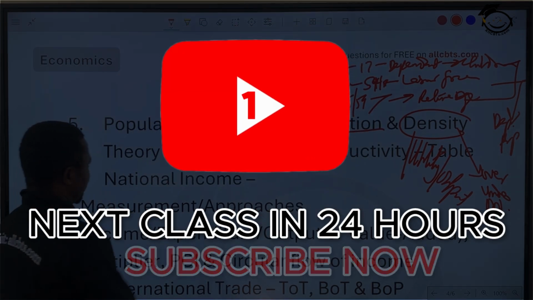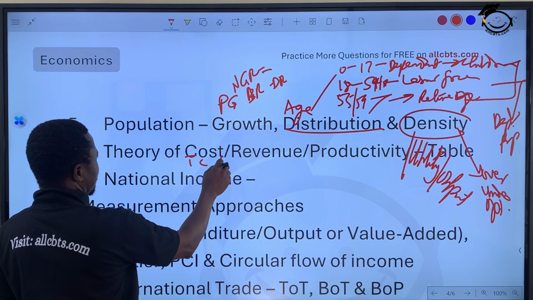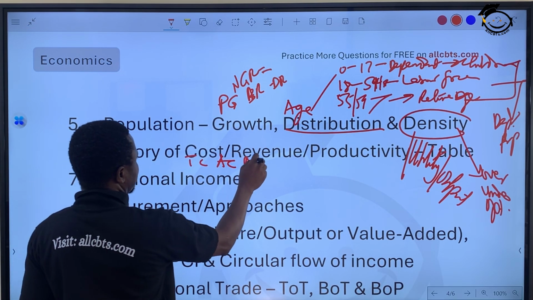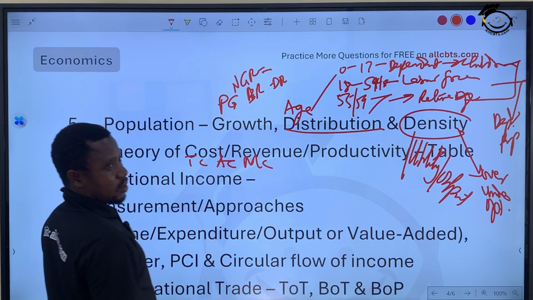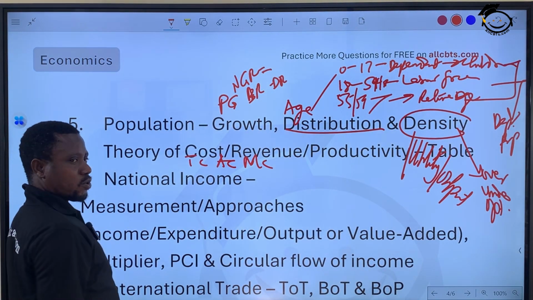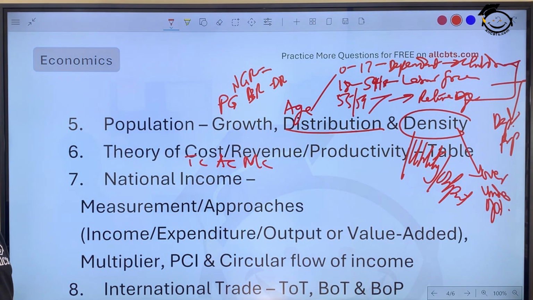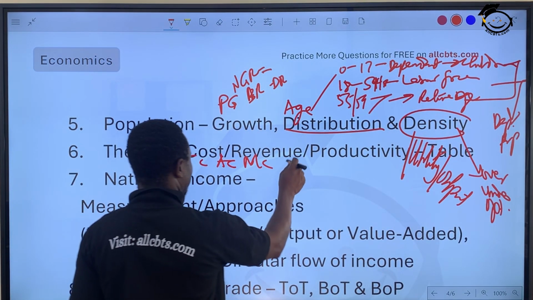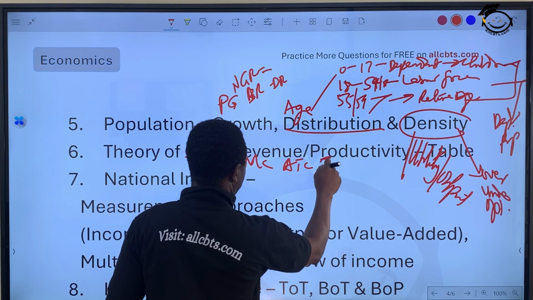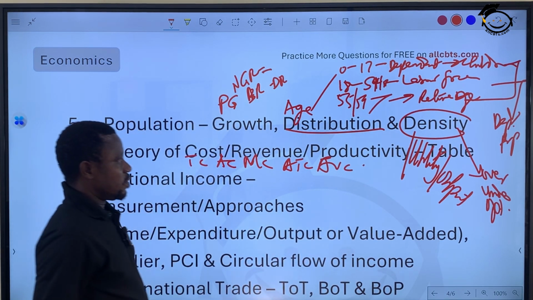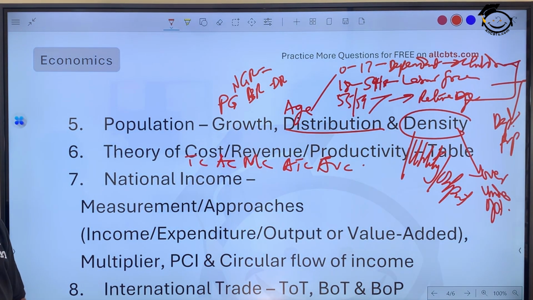And that's why we're talking about TC, AC, MC. Are you there? What is TC? Total cost. AC, average cost. MC, marginal cost. And then you can also have ATC, AVC, and what have you? Average total cost. Average variable cost.